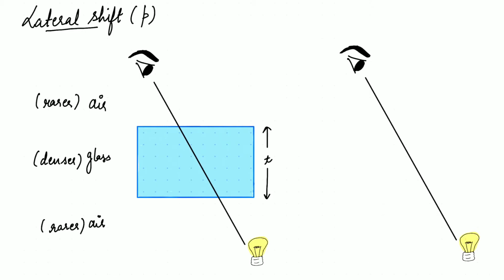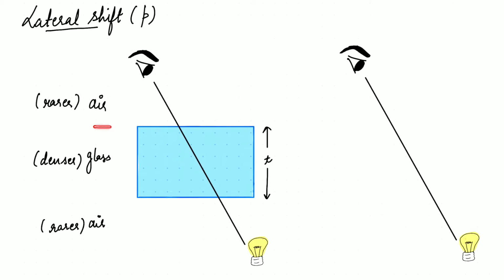First of all, you can see the light ray is entering from your eye side into the glass slab. The glass slab is made of glass, so it will have the refractive index of glass. The light ray will be passing from air to glass and then back to air.